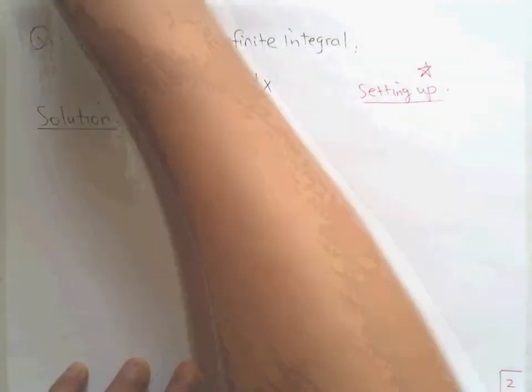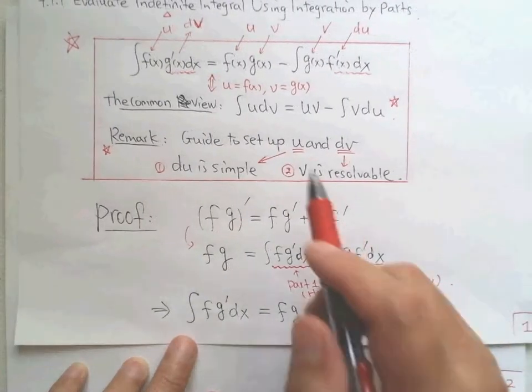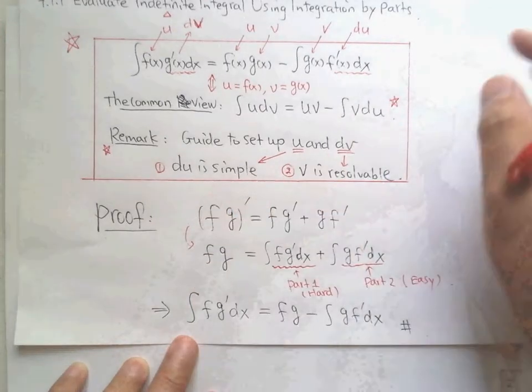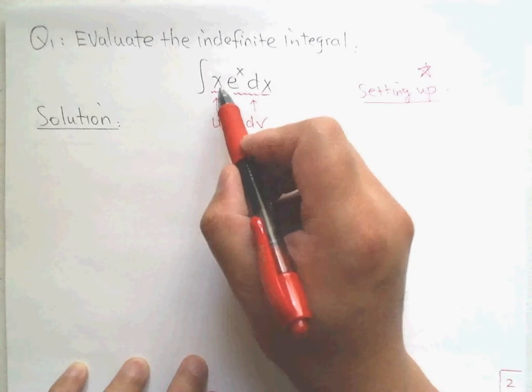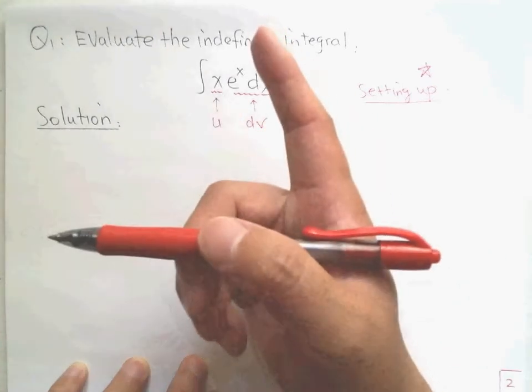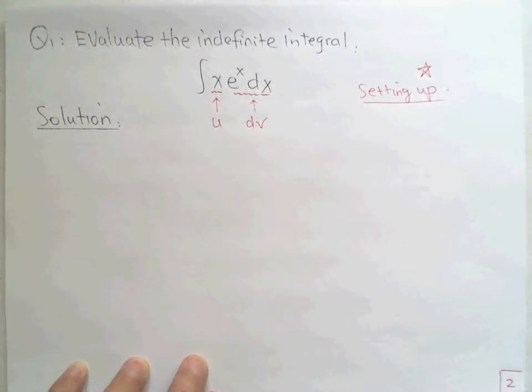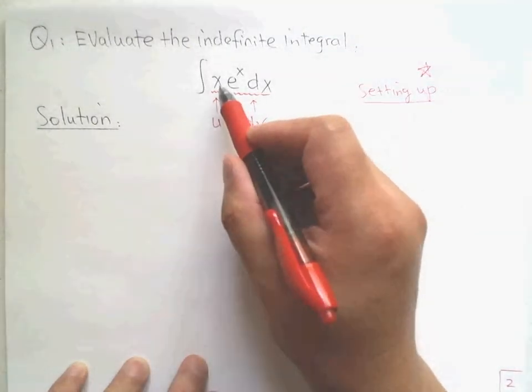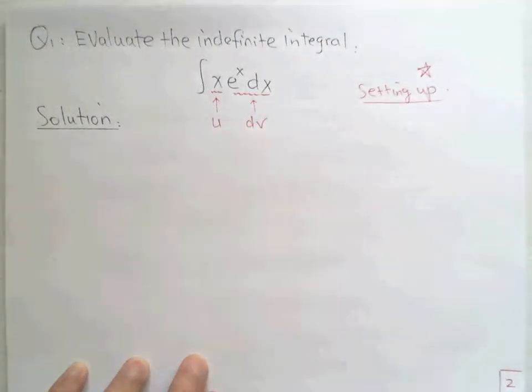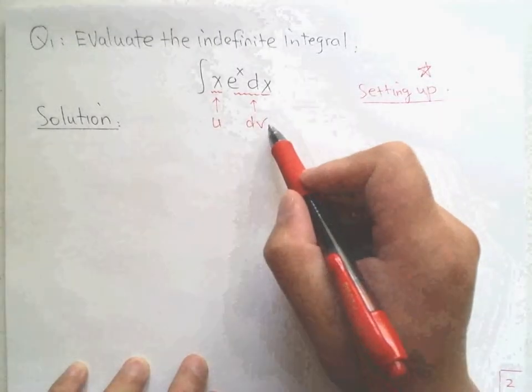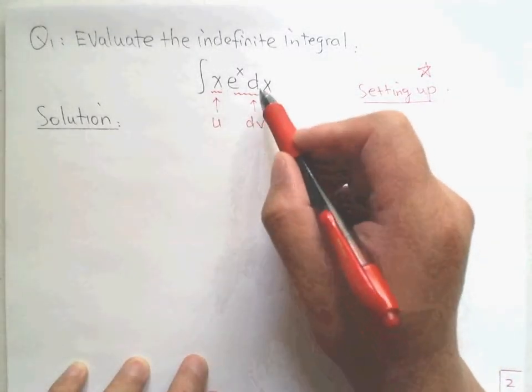Remember, we have a remark. First, du should be much simpler than u. The original u is x; if we take a derivative, x goes to 1. So the derivative of u is simpler than x. That's good. Second, we set dv equal to this.